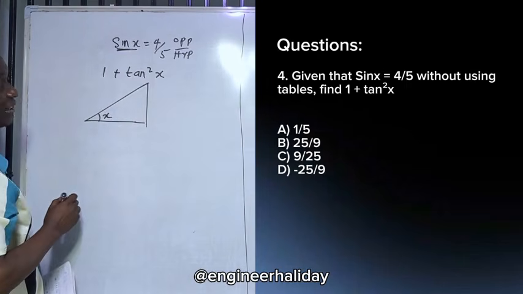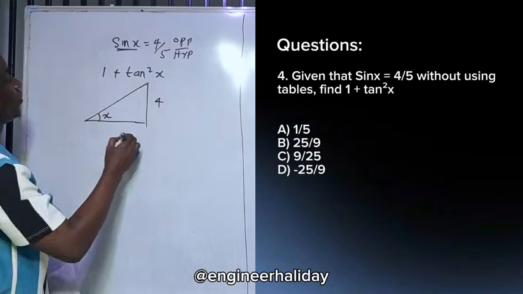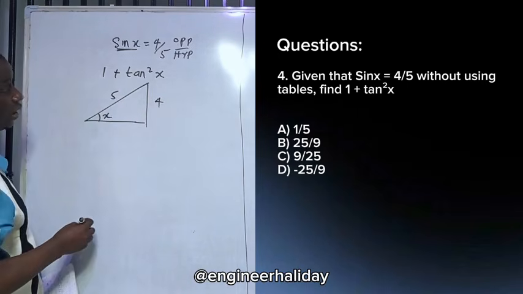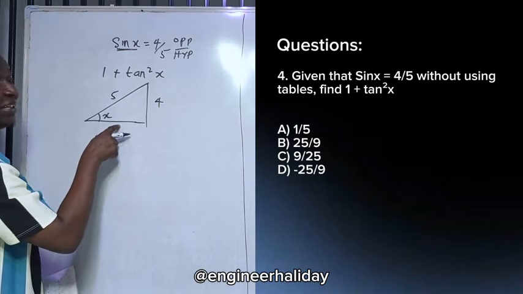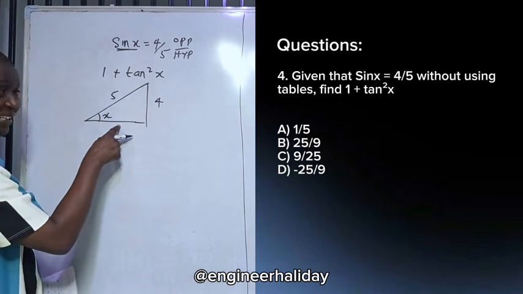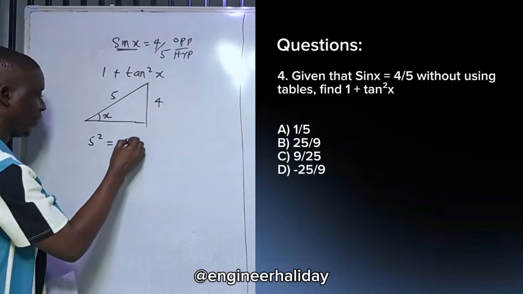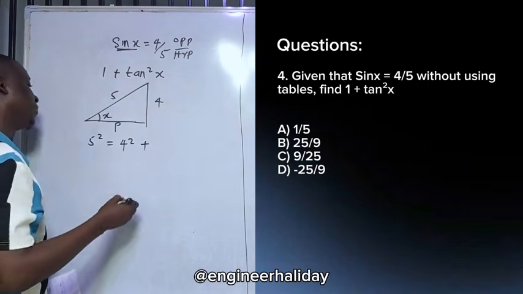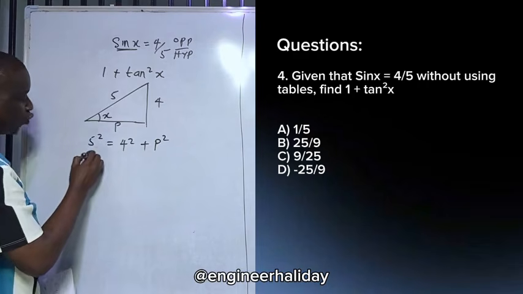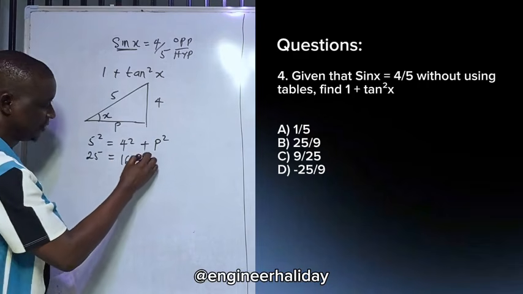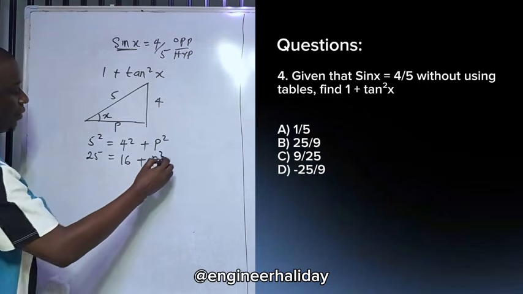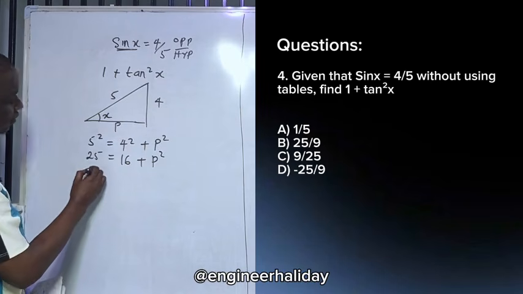Let's use our triangular analysis. This is opposite, this hypotenuse. Now using Pythagoras theorem, 5 square is equal to 4 square plus, let's say this is p, plus p square. And that will give us 25 equal to 16 plus p square.